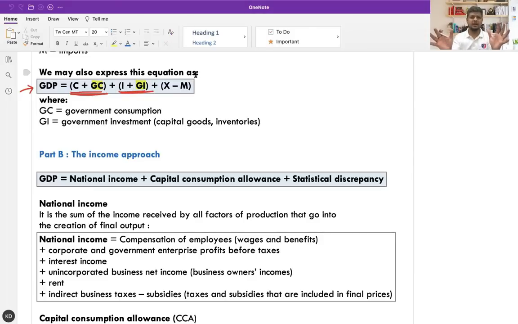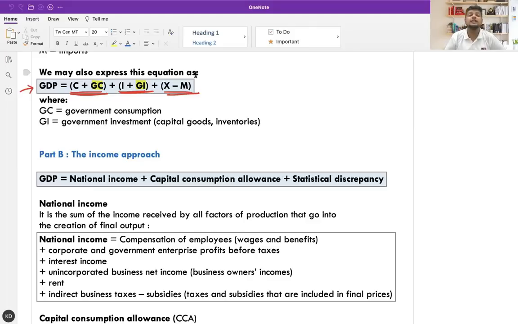Basically everyone: what they consume in the economy, what they invest in the economy, or what they sell outside the economy or purchase from outside the economy. That's your GDP. So GDP is the total amount of goods and services produced in a year, which can be for consumption, for investment, or for export and import. Is that clear?